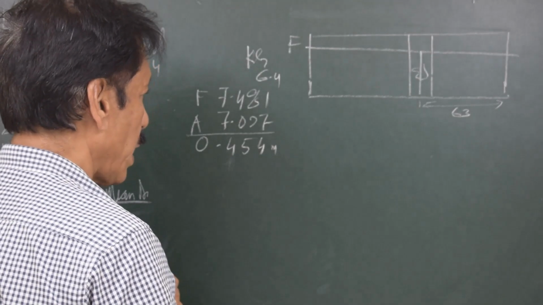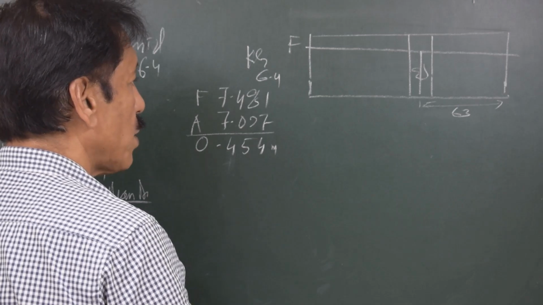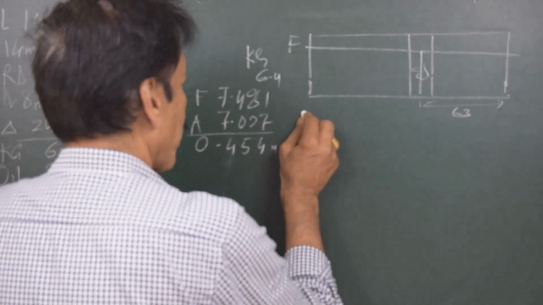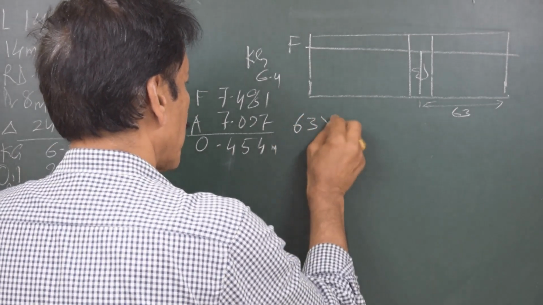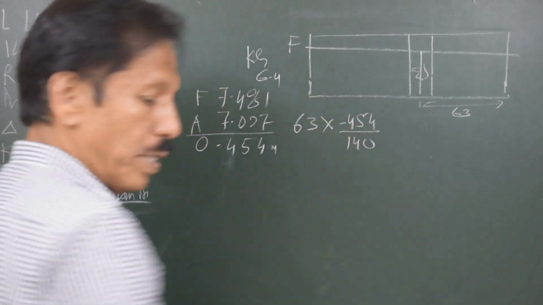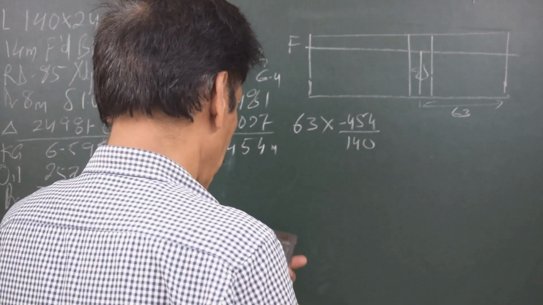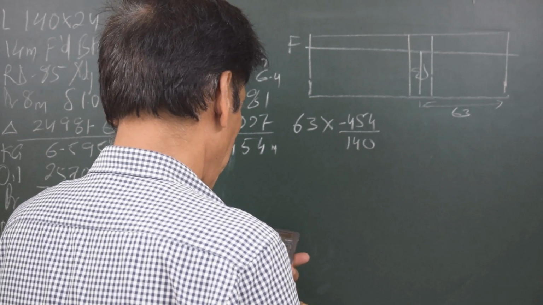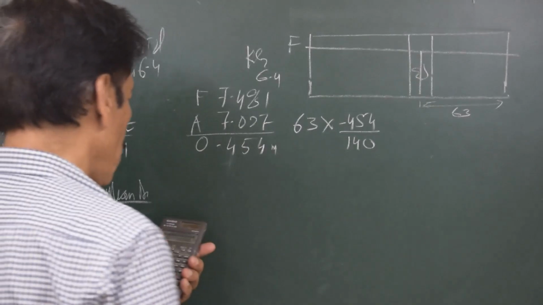Let us find out what is the correction for 63 meters. Now the draft change for 140 meters is 0.454. So the trim correction or the draft correction for 63 meters would be 0.454 divided by 140 multiplied by 63, which gives me 0.204.